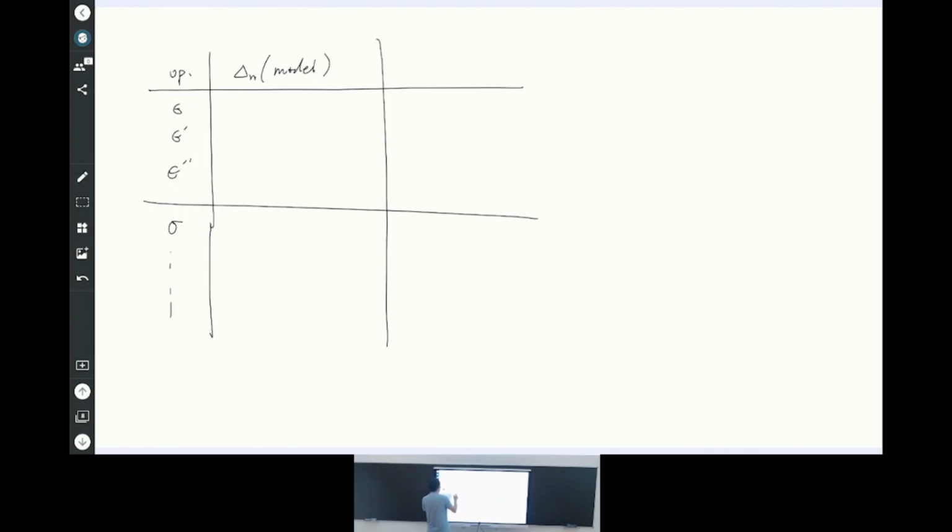Okay, so these are the operators relevant to our study. Epsilon prime is 1.908, and this one is 4.38, the sigma operator.